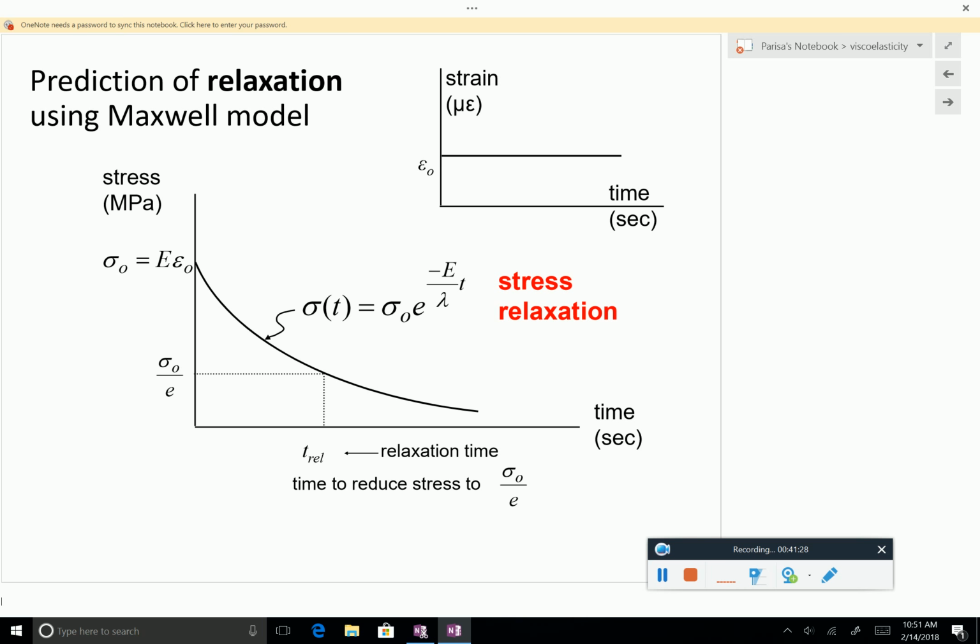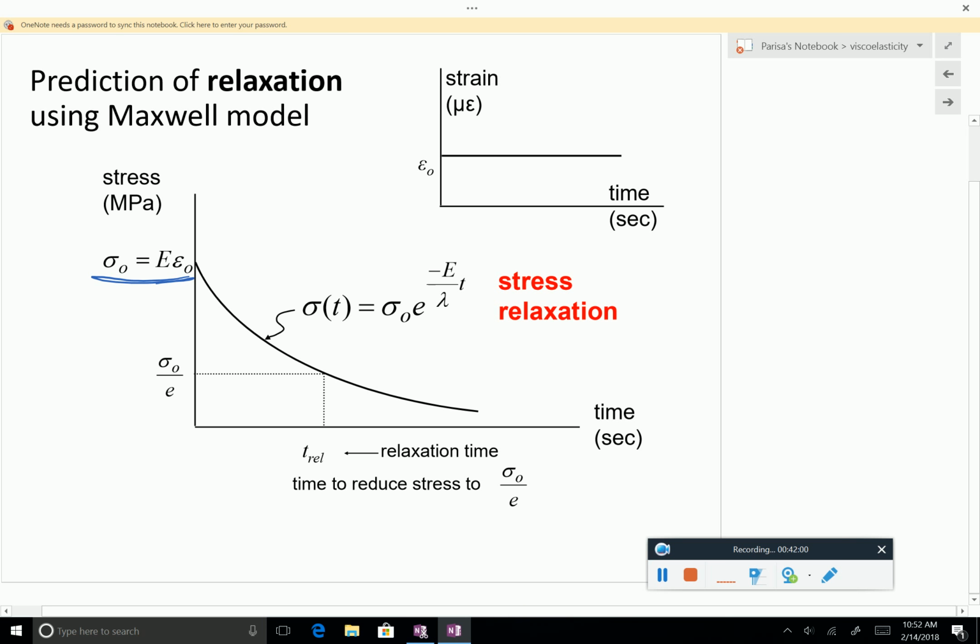This is an exponential. This part is calculus. So if you don't remember, maybe you should look back at some of the things from before. So we start from here. At time 0, only the spring responds because it's a linear elastic material, it's instantaneous. It takes a while for the dashpot to kick in, and this is the effect.